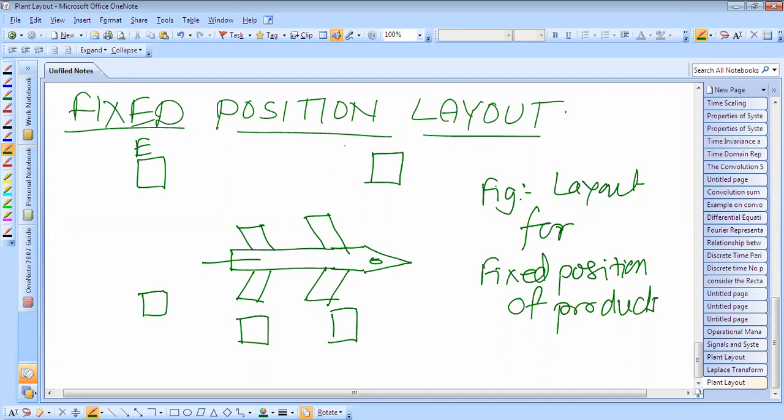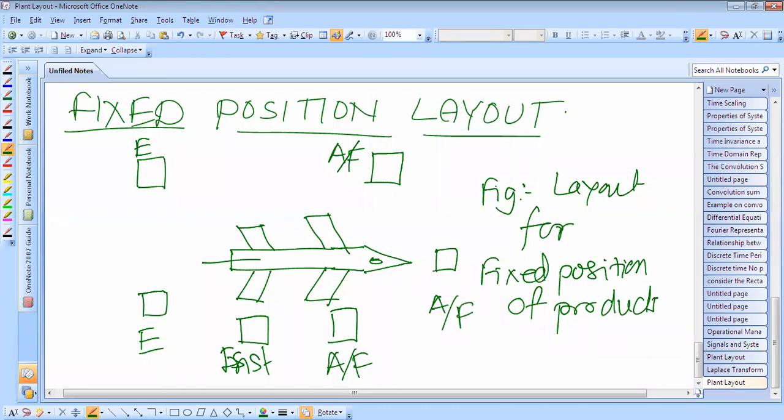This is the A by F section, that is the airframe section. This is again an engine section. Then this is the instrument section. And this is again an airframe section. Such type of sections are there for the manufacturing of the aircraft.